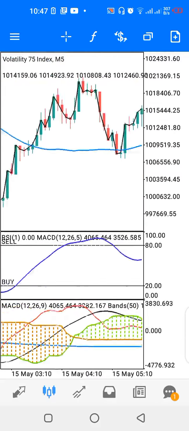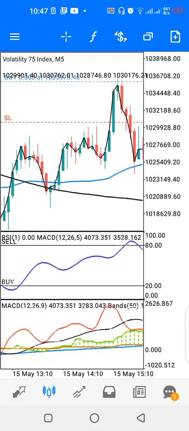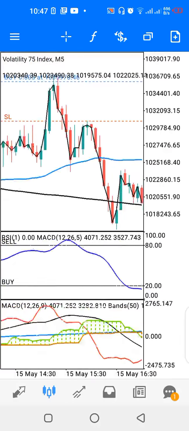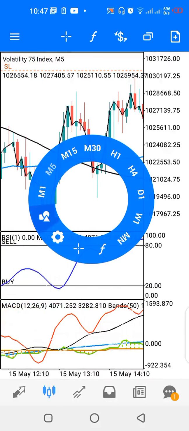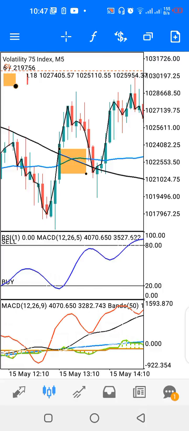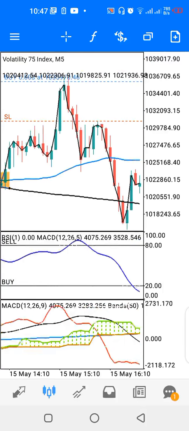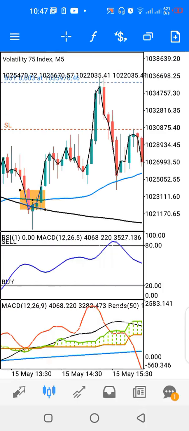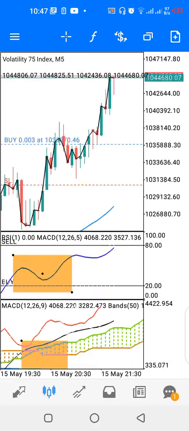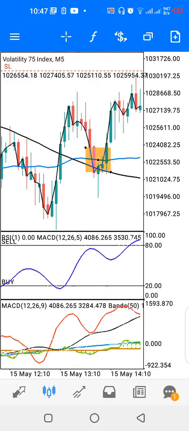So I can always scalp by selling. But whenever it goes above, like we have it going above the black line around here, this is the development of a bullish trend. So I always look for buy positions. And it's going up, as you can see, on the 5 minutes time frame.